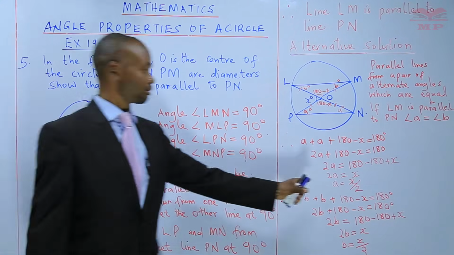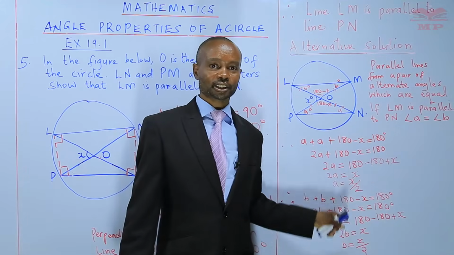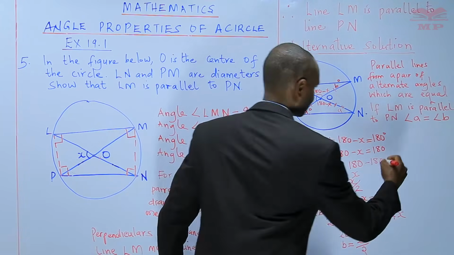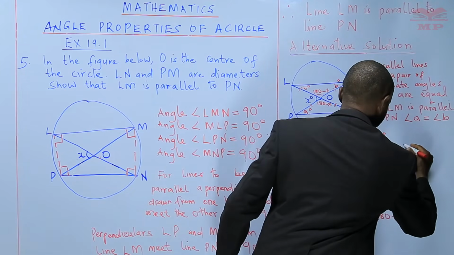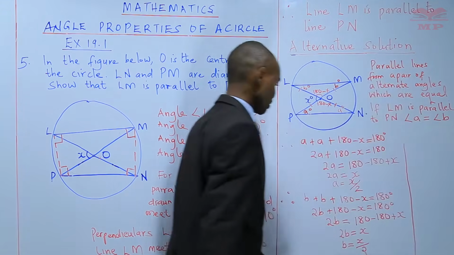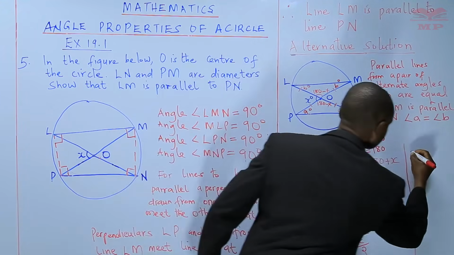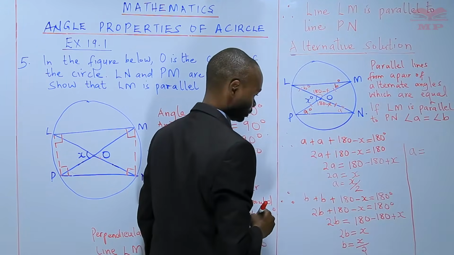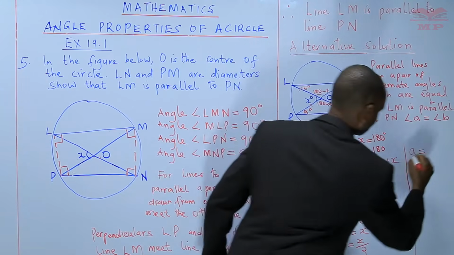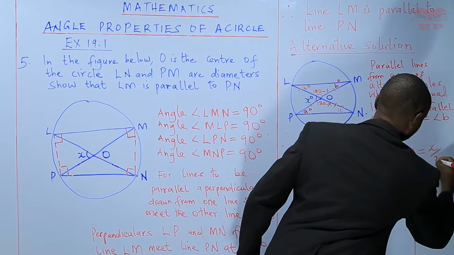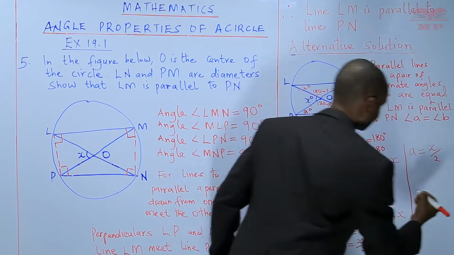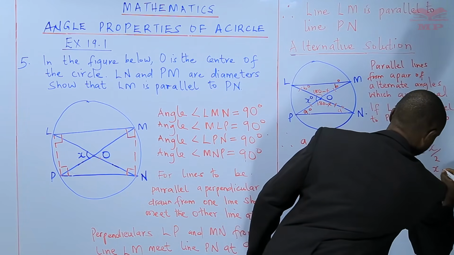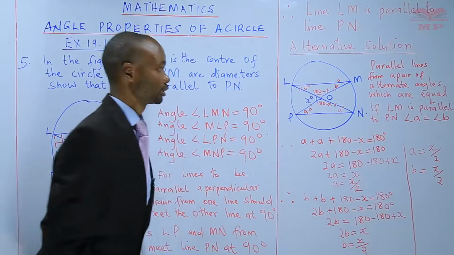So you find that the value of A is equal to B. So you write A is equal to x divided by 2 degrees, and B is equal to x divided by 2.